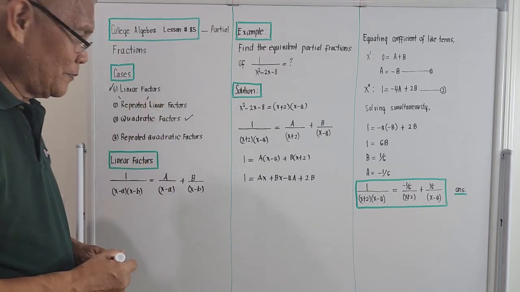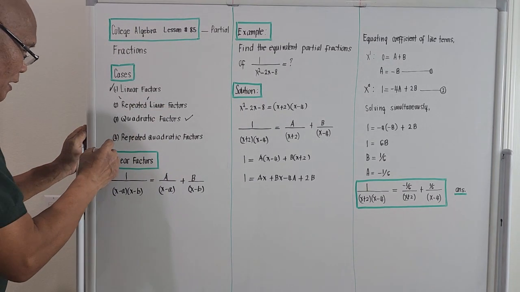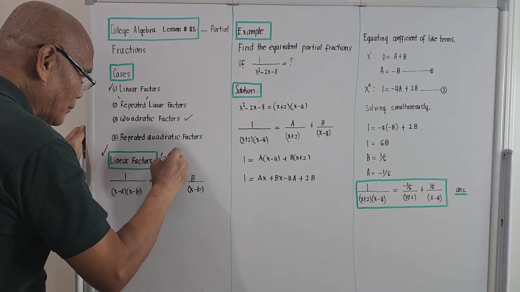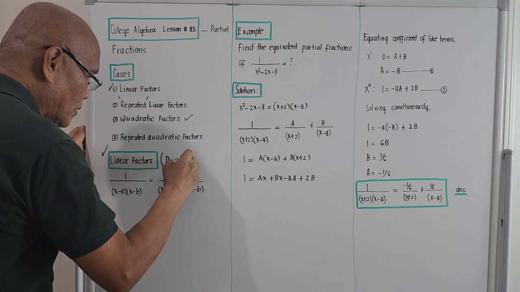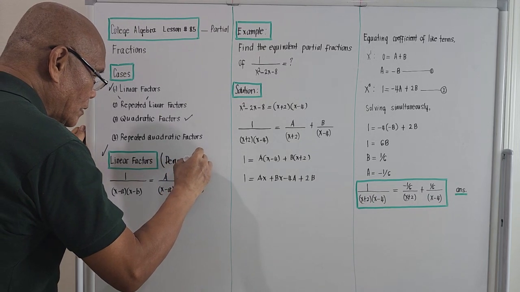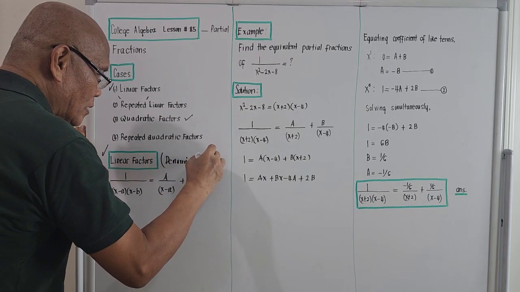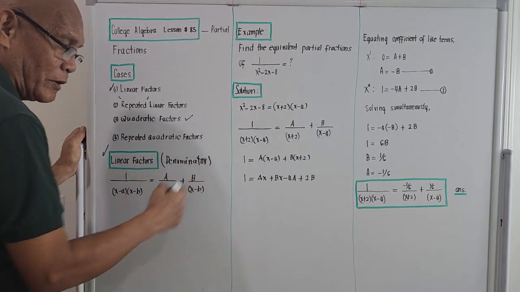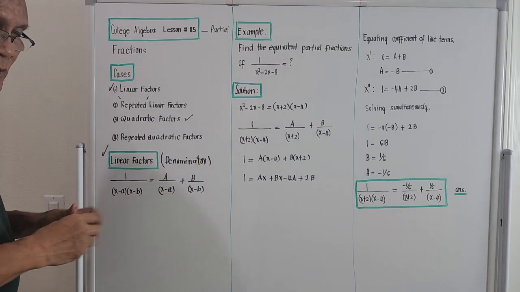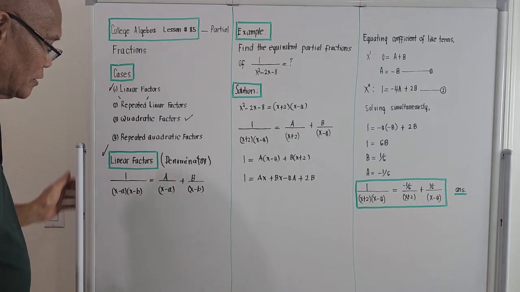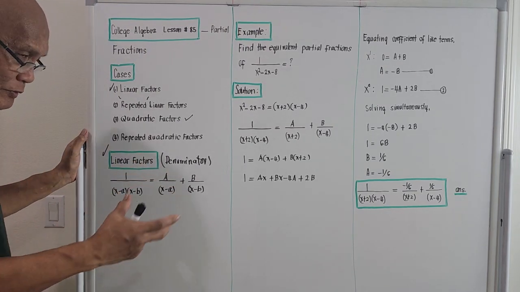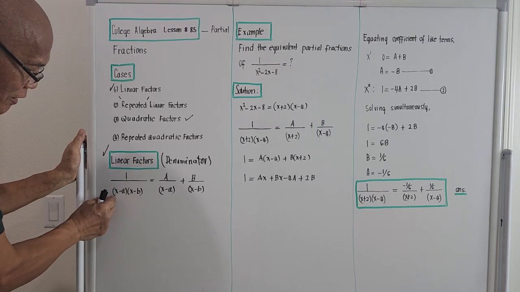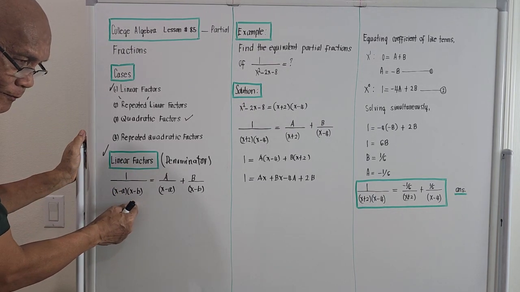For case number 1, linear factors, this involves only the denominator. The location of the linear factors is in the denominator. So if we bring out the setup under linear factors, the given fraction will be 1 over the quantity x minus a times x minus b.